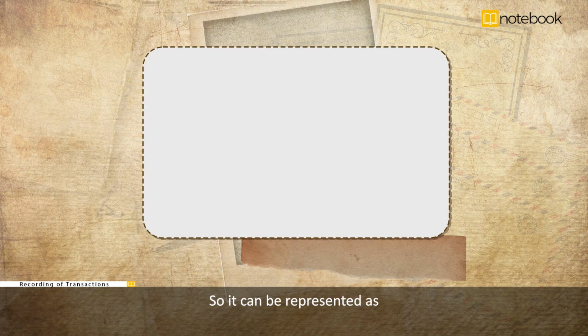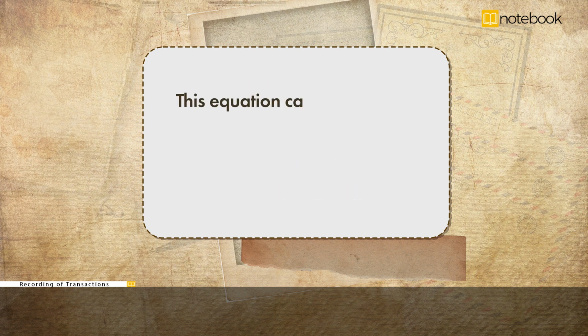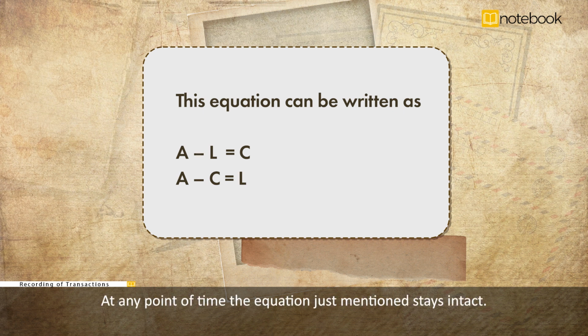So, it can be represented as A = L + C, where A is asset, L liabilities, C capital. This equation can be written as A - L = C, A - C = L. At any point of time, the equation just mentioned stays intact.